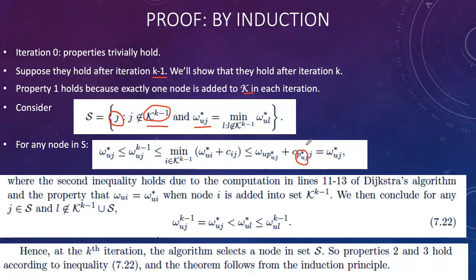Why is this true? Well, assume it wasn't a part of set kappa k minus 1. Then the true minimum cost to p(j*) must be larger than to node j.